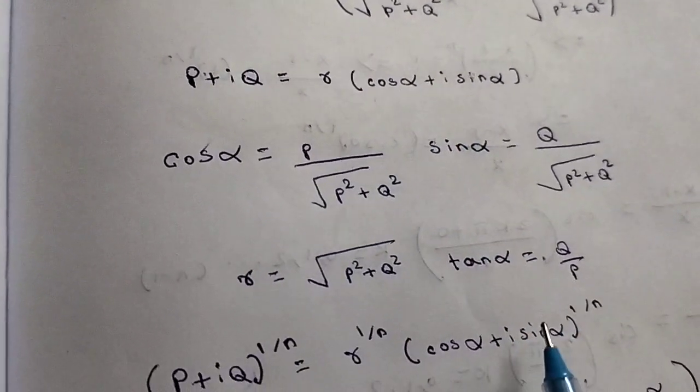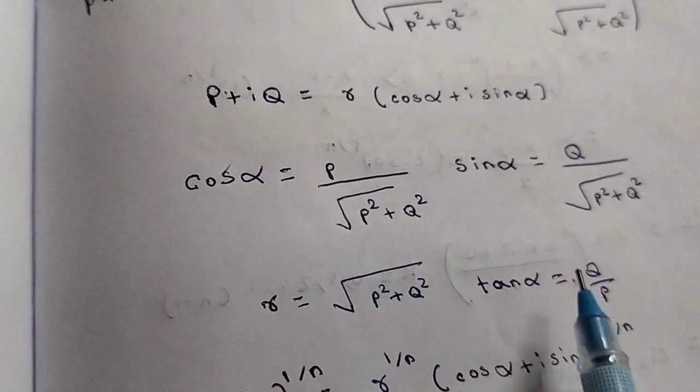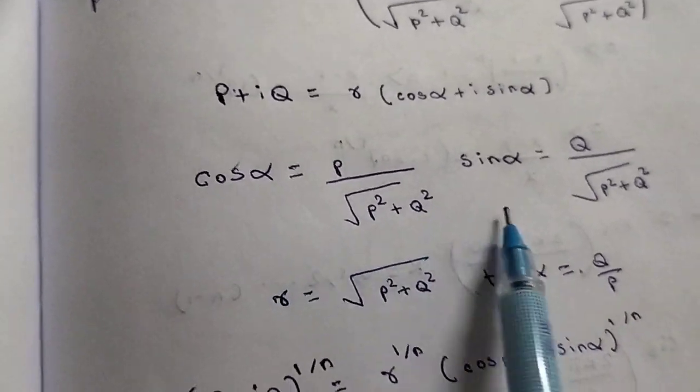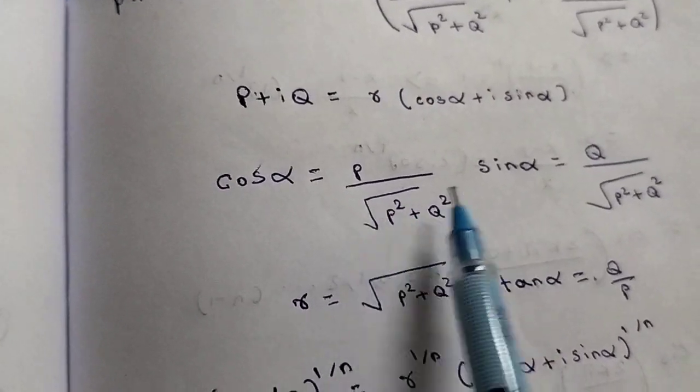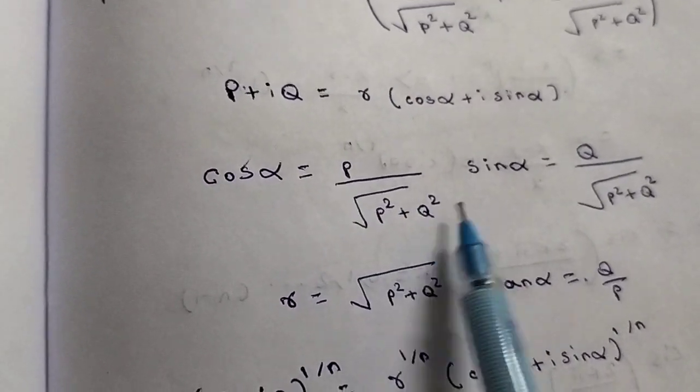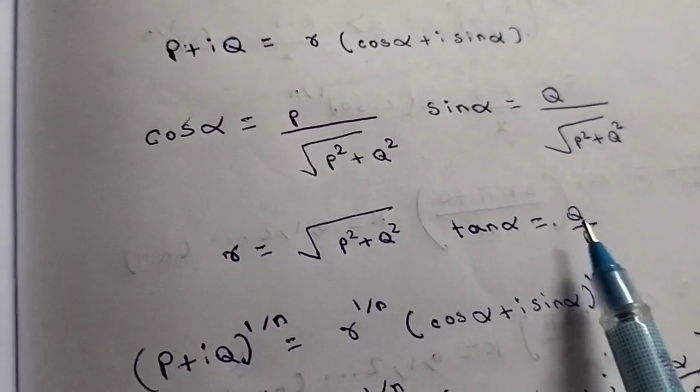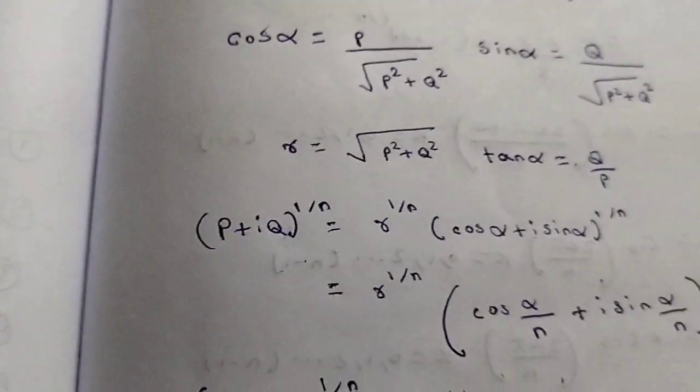I am considering tan alpha as q by p, because sin alpha by cos alpha is nothing but tan alpha. If you divide, the root of p² + q² cancels in both places and you get tan alpha equal to q by p.